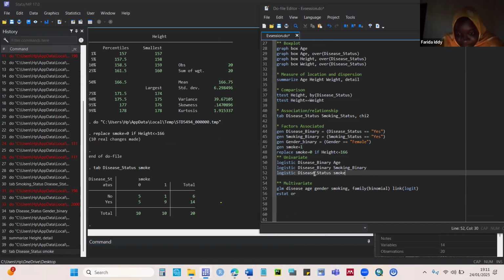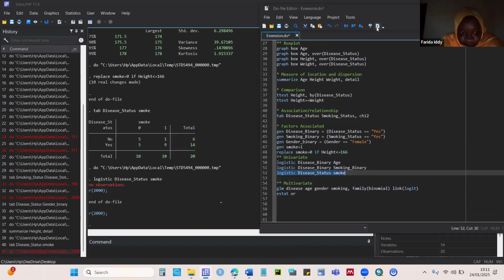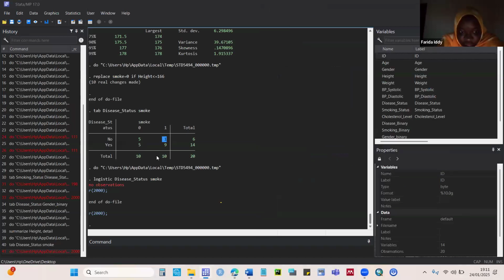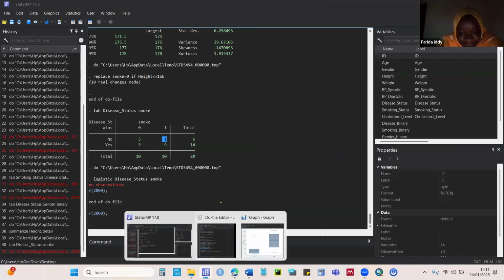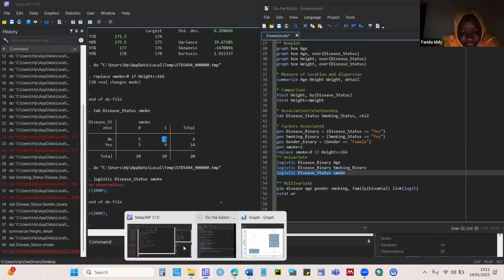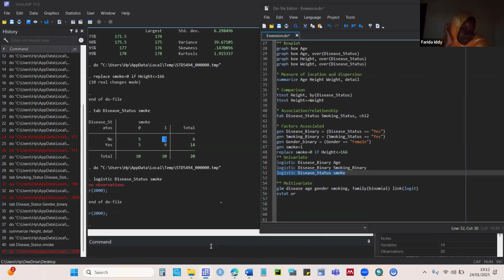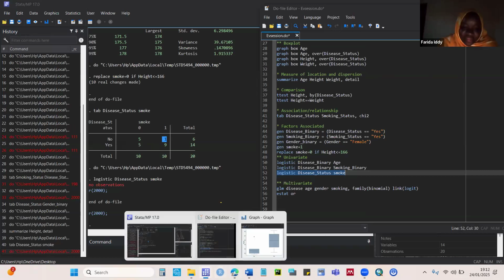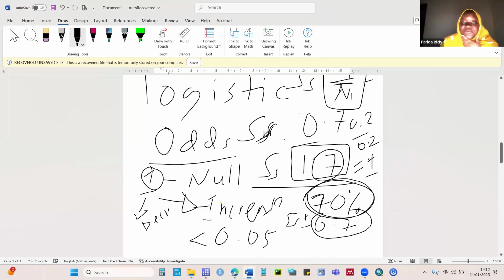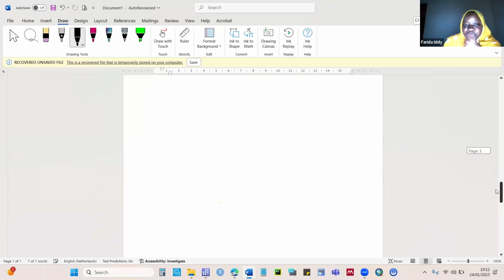Smoke. Now we have 1, which is very little. Anyway, but the essence of it is that interpreting the categorical value is different from interpreting our numerical.